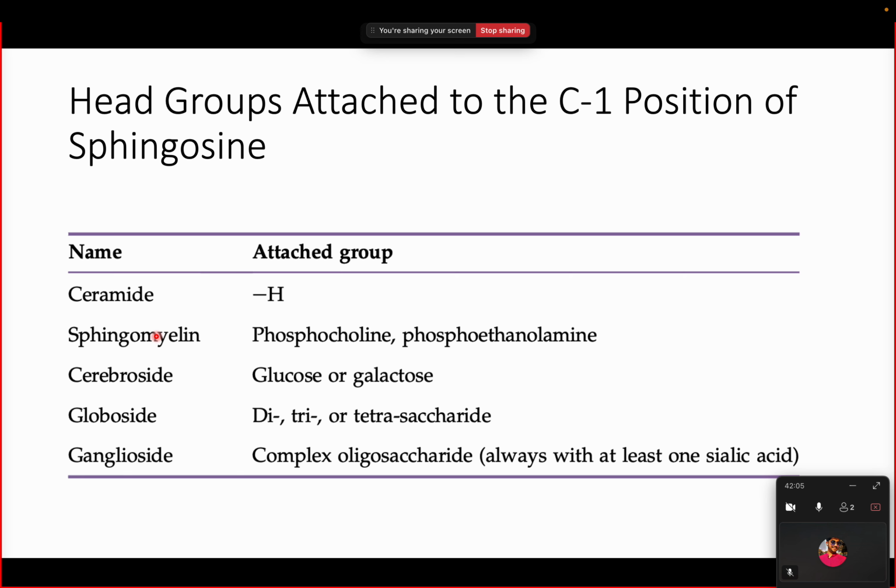Depending upon the group, sphingolipids can be termed ceramide, sphingomyelin, cerebrosides, globosides, and gangliosides. You don't need to worry about remembering these names, but if I say cerebroside, you should have a mental image: oh, it's a type of sphingolipid, and it's not a phospholipid.